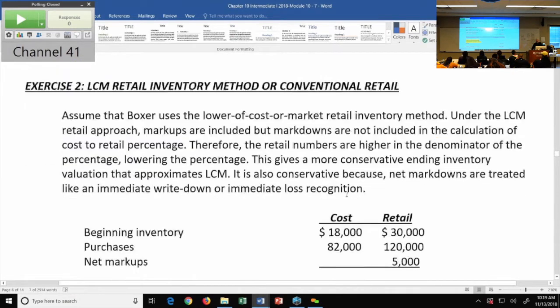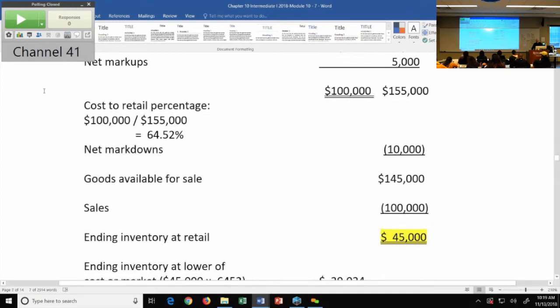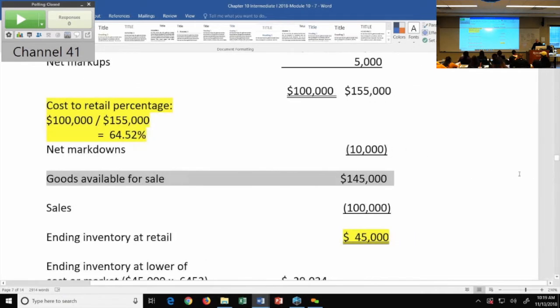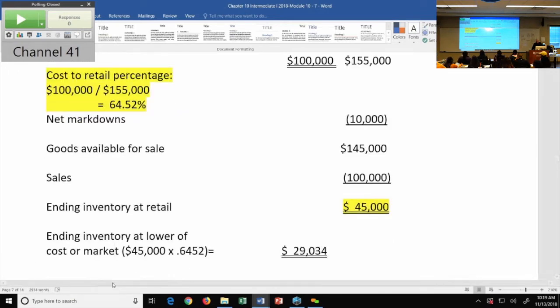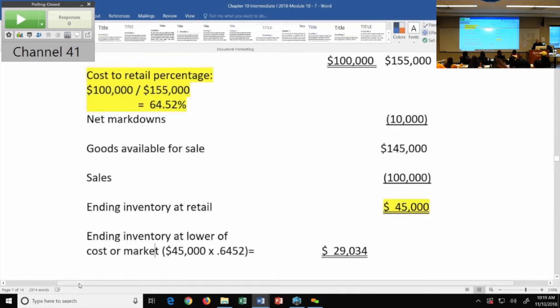When you went to the LCM, the ratio is calculated at this point, but the goods available does not change. It's got to be the same. Any other questions on average cost, LCM conventional?